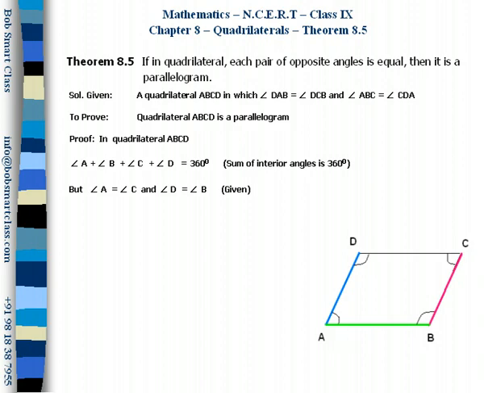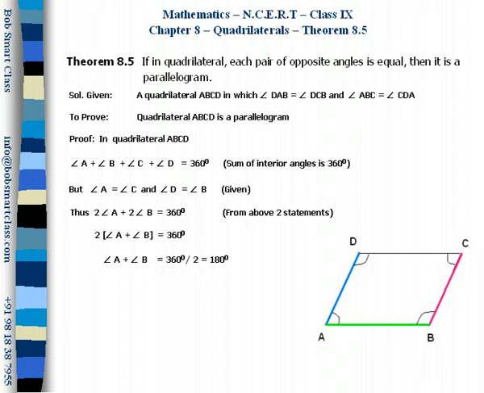Thus, we can replace angle C with angle A and angle D with angle B in the earlier statement, and we will get 2 angle A plus 2 angle B equals 360 degrees. Further, angle A plus angle B equals 360 degrees divided by 2, which is equal to 180 degrees.